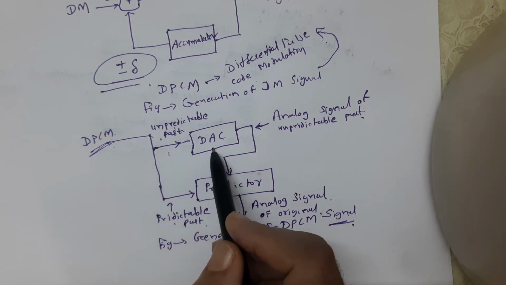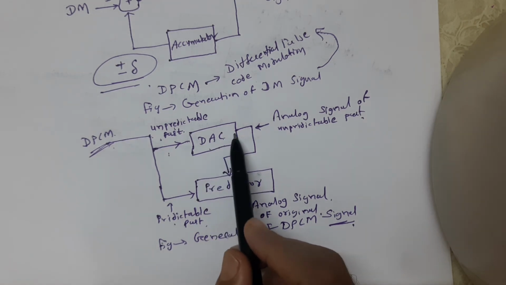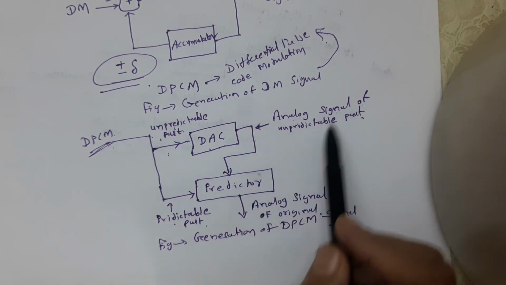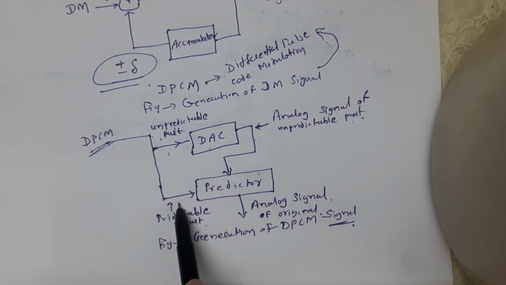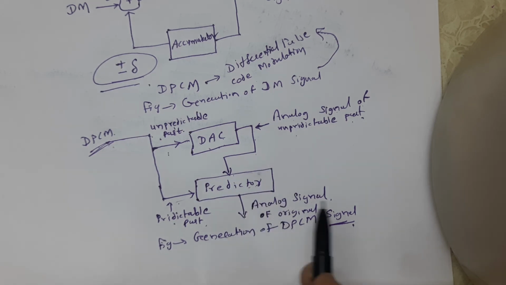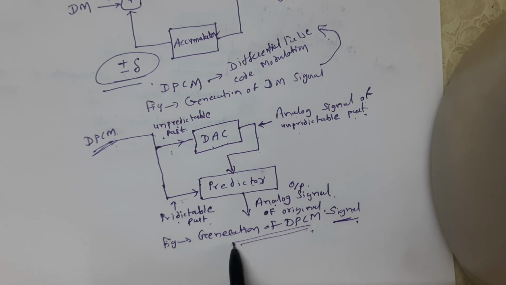The unpredictable part is first given to the DAC, digital to analog converter, where it is converted into analog form. So the output of DAC is nothing but the analog signal of the unpredictable part. The predictable part is given to the predictor, and the output of the DAC is also given to the predictor. Finally, in the output we get the analog signal of the original. In this way, this is the generation of DPCM signal.